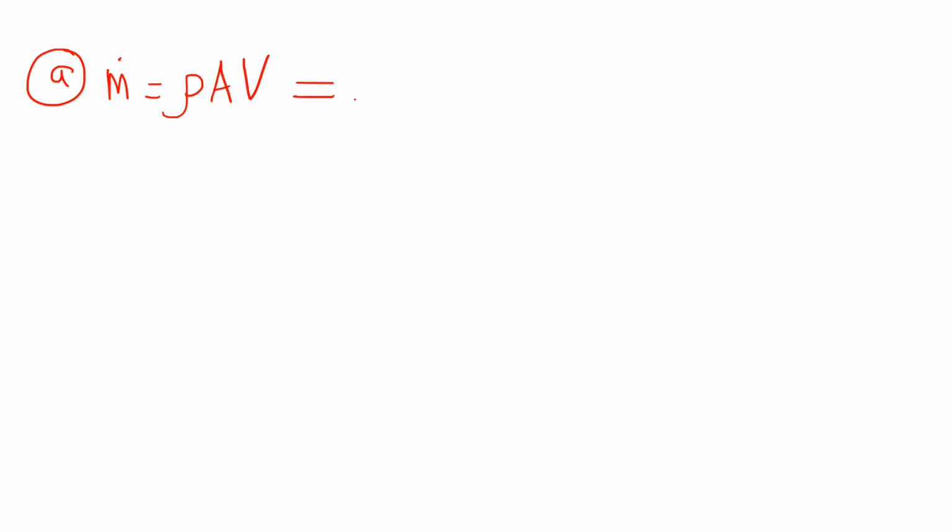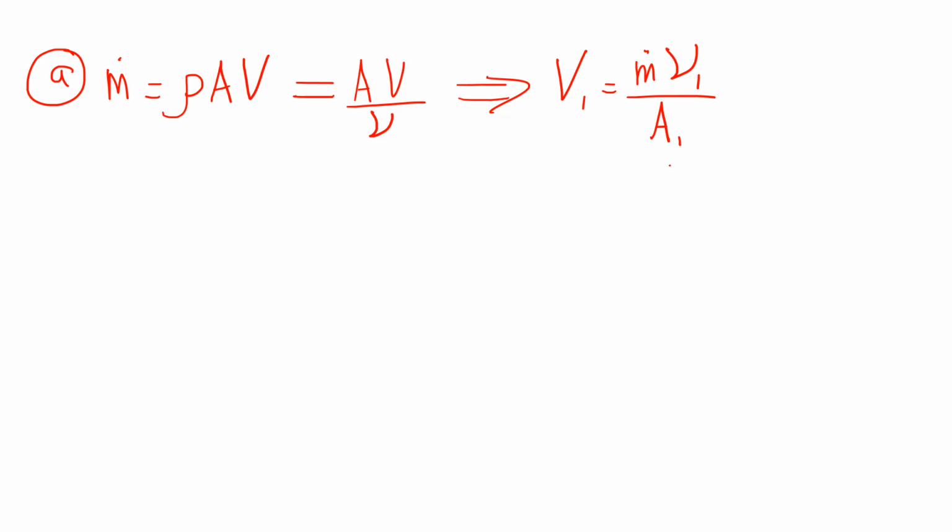I know that density is equal to 1 over the specific volume. So mass flow rate is also equal to area times velocity divided by specific volume. So if I take this equation, I can get that the inlet velocity is equal to the mass flow rate times the inlet specific volume divided by the inlet area.